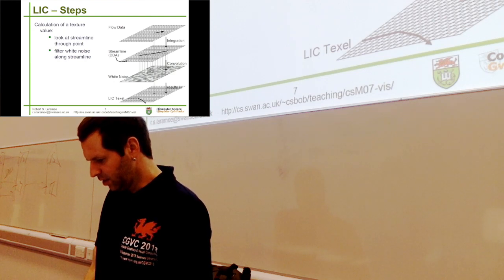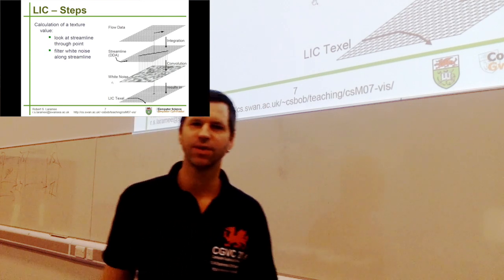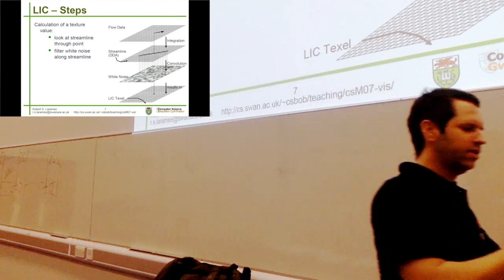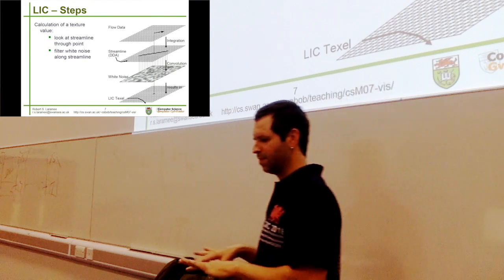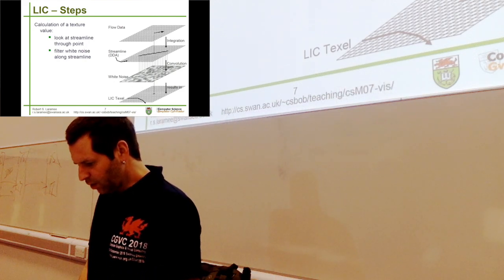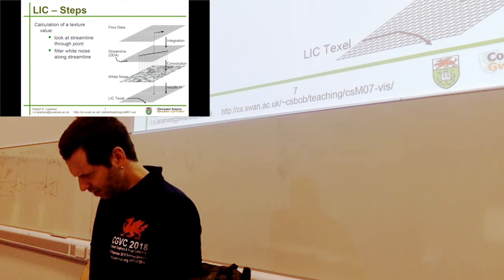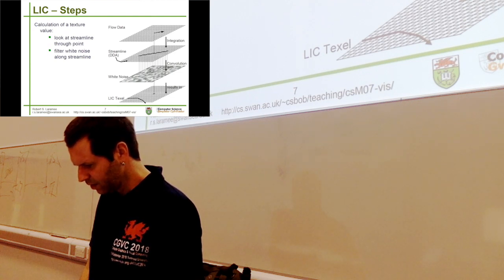Now here is the next element. This is the white noise input. So there's a white noise texture that's just mapped to the whole domain. And so it's hard to see, but actually this streamline has been projected down onto the white noise.